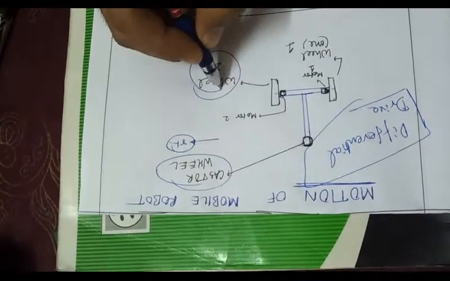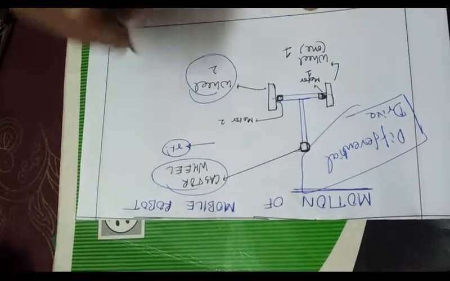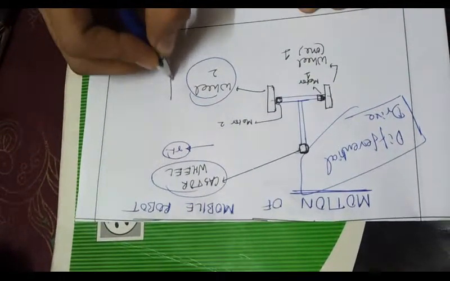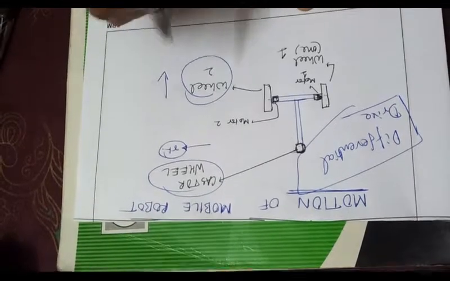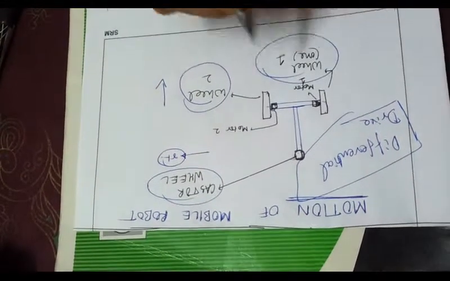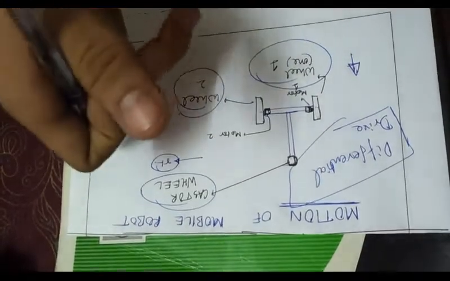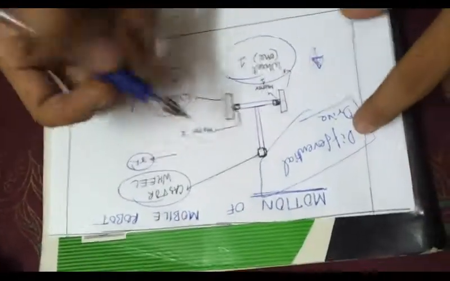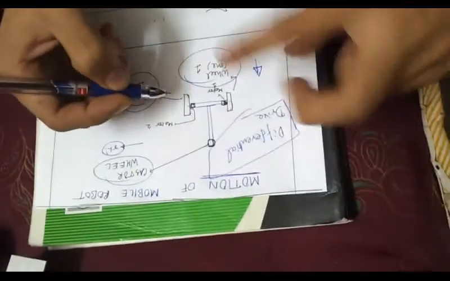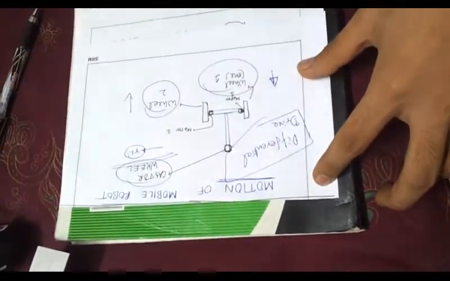Wheel 2 will move in the reverse direction and wheel number 1 will move in the forward direction, so that the mechanism is such that this one moves in the opposite direction and this one moves forward, so that it takes a right turn with the help of the caster wheel.